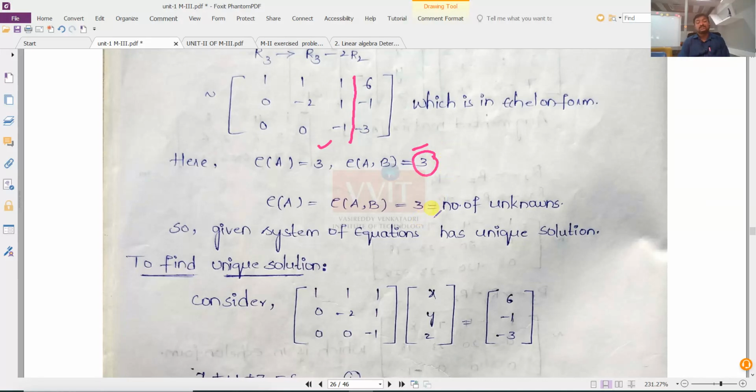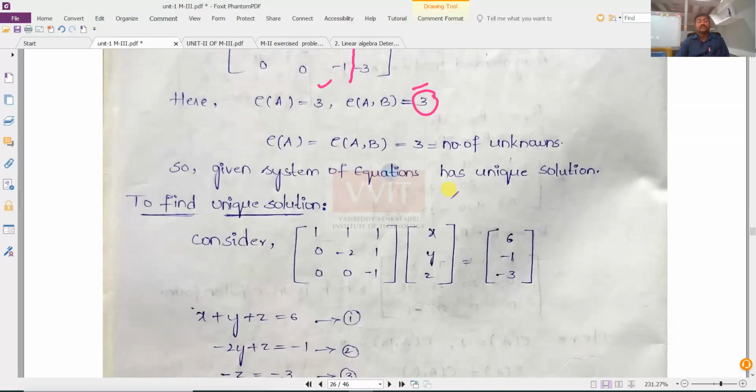I can write that. So to find the unique solution, we need to proceed with the back substitution method, meaning moving from the back in the case of an upper triangular matrix. So minus z equals minus 3, then z equals 3 here.